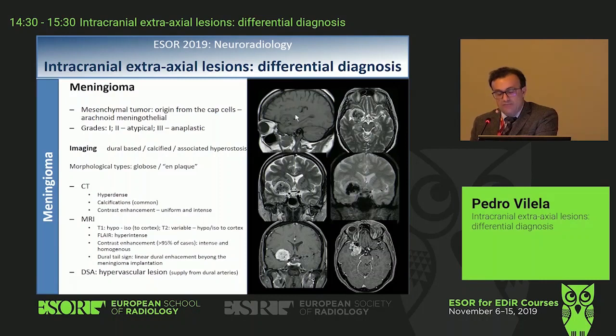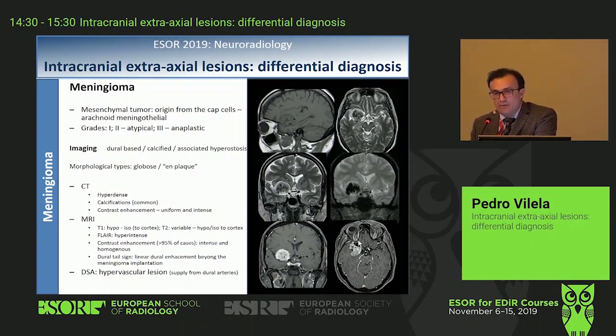Then it will have associated bone hyperostosis, so increase of the thickening of the bone where it actually is implanted. And you may have a dural sign that we don't see here, but it will be an enhancement of the dura, linear enhancement of the dura nearby the area where it is implanted.